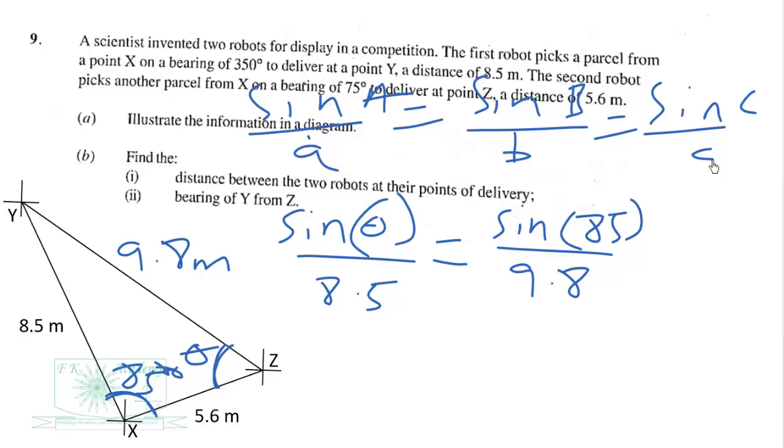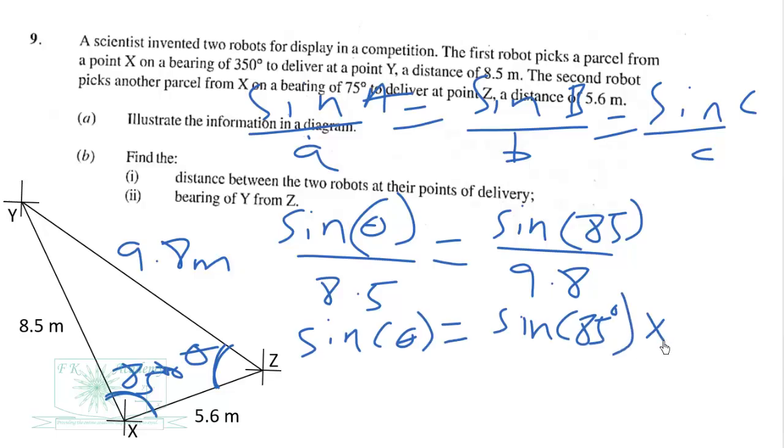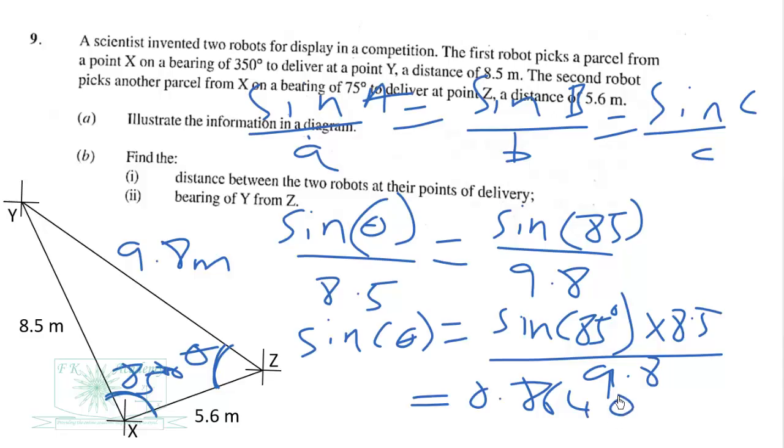So we have to evaluate this, and we know sine theta will be equal to sine 85 degrees times 8.5 over 9.8. And when we evaluate that, we are getting 0.8640.